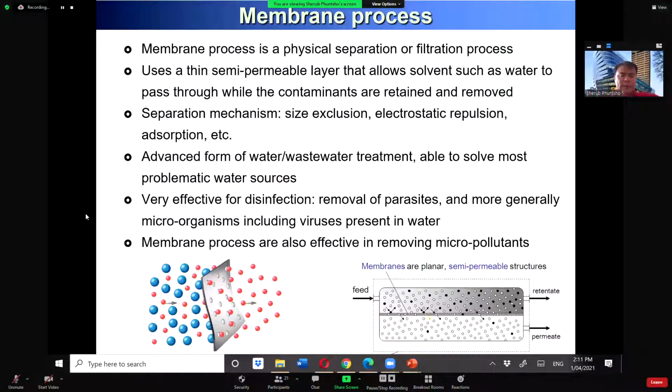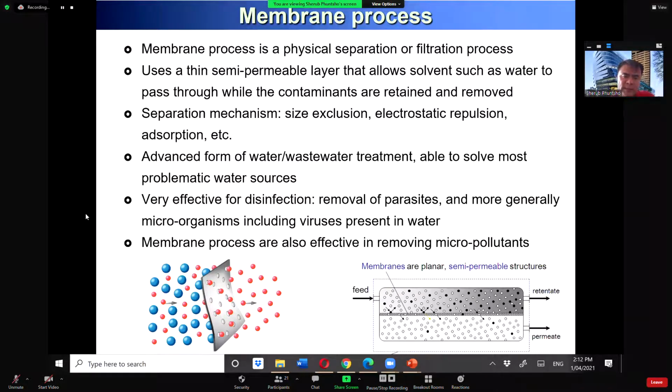Membrane process is an advanced form of water and wastewater treatment, and it's because of their versatility, because they can be tailored to remove a wide variety of contaminants. They are able to remove any sort of problematic compounds present in the water.